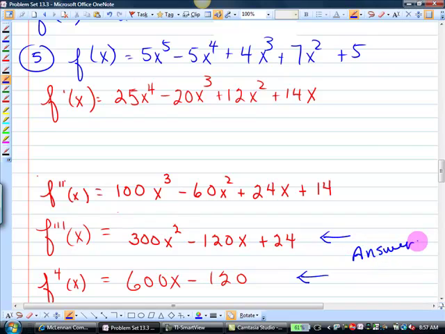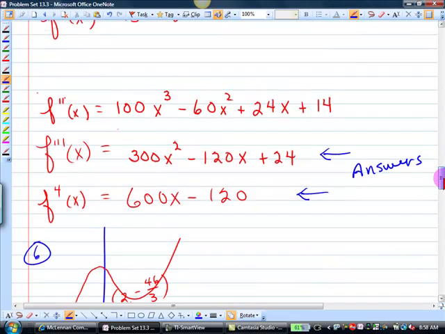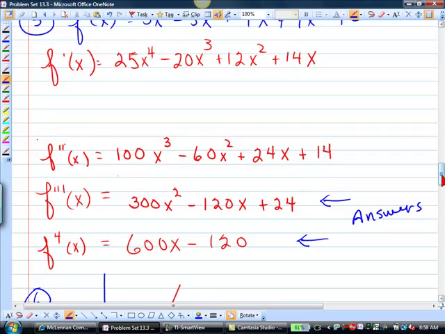But this one's not bad. It's just polynomial, so it's just doing it over and over again. Okay. So there's the second, the third, and the fourth, and you should be able to do those. That will not be bad.